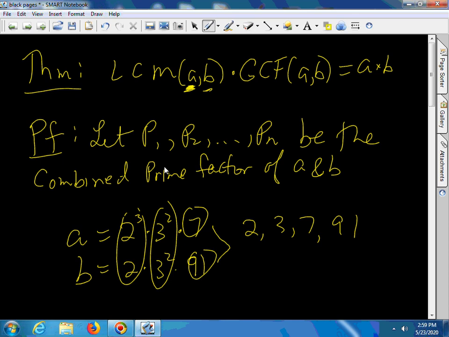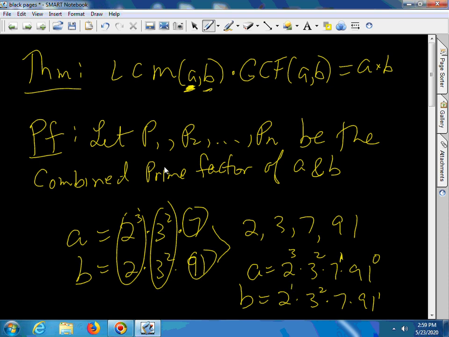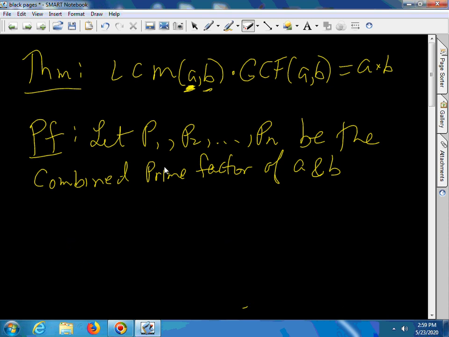So for the record, A would be 2 cubed, 3 squared, 7 to the 1, but 91 would be raised to the 0. Likewise, B would be 3 squared, 91 to the 1, 2 to the 1, but 7 to the 0. A lot of these powers might be 0.